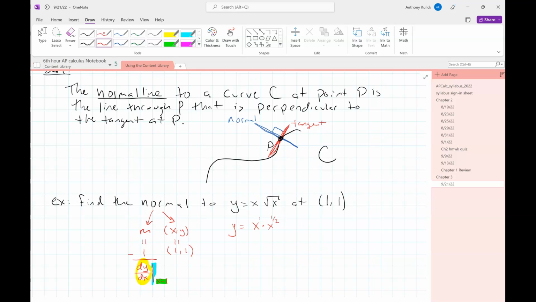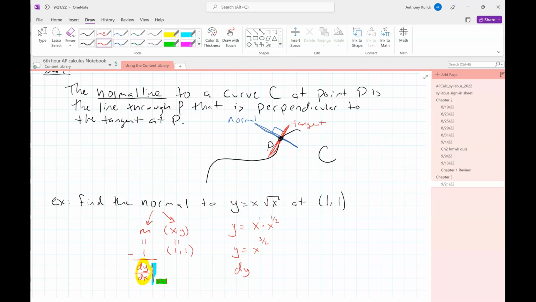The square root of x is the same as x to the 1/2. So x times x to the 1/2 is x to the 3/2. How did I get that? Added fractions. Everybody's cool? When we multiply two things together, we add their exponents when they have like bases.